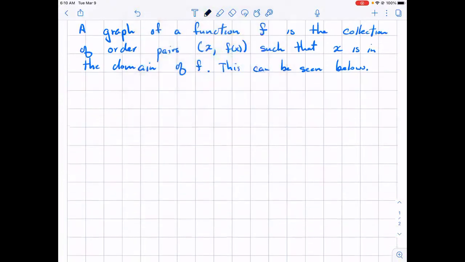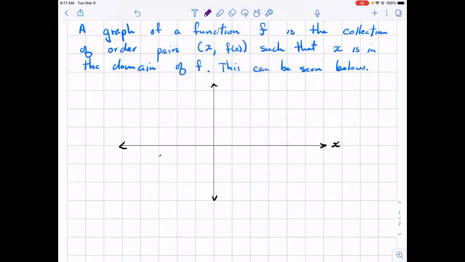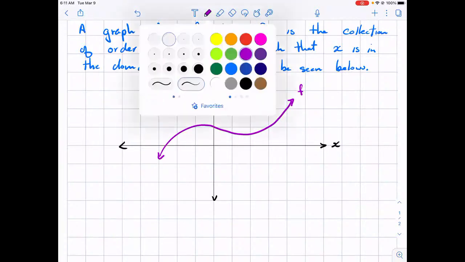It means that if we have the xy axis, and we have some function called f of x. So let's say we have a function here. This is the function that we will call f, or f of x. Now, let's put some numbers in here.